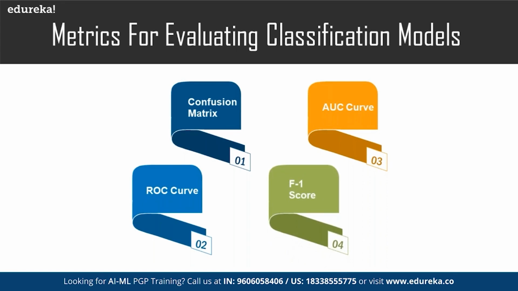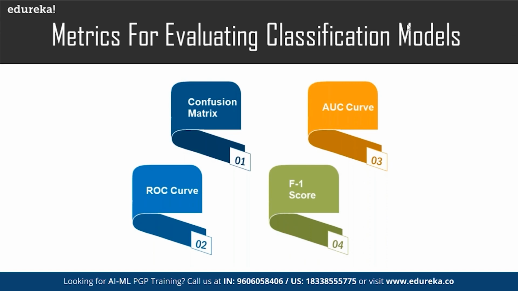I often talk about healthcare because we are currently working on a COVID-19 use case, where we use healthcare data. The F1 score is also an important evaluation metric that is widely used, like AUC. These are the evaluation metrics we usually use for classification models.